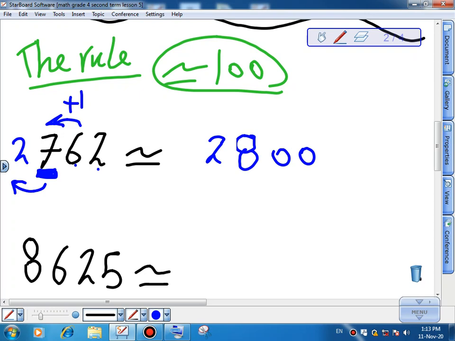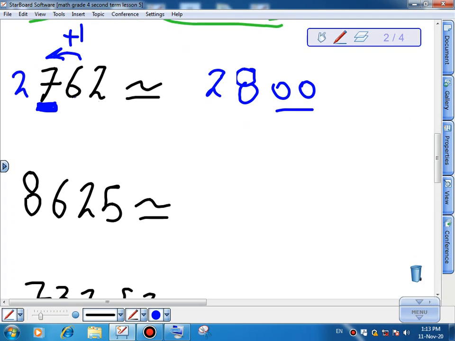We change only the tens and units and the decimal part if it exists. Okay? So we add 1 to the hundreds place, replace the units and tens by 0, and cancel the decimal part if it exists, and the answer will be 2,800.